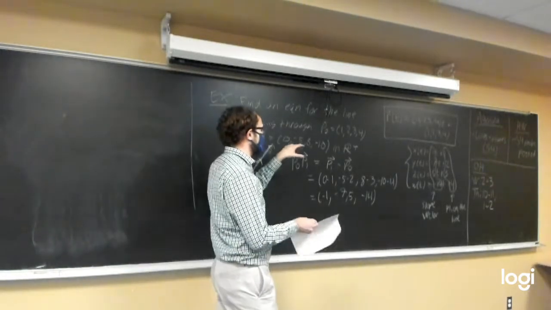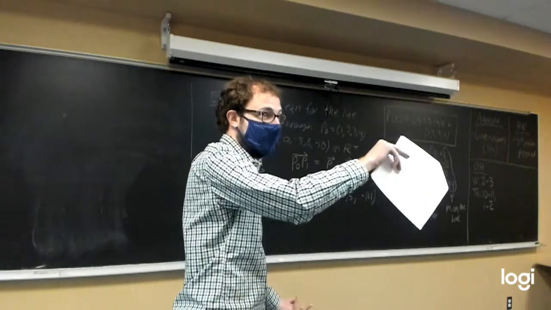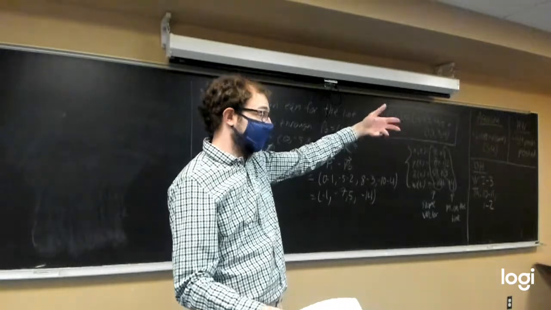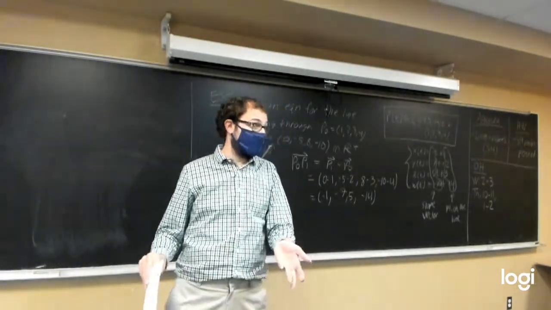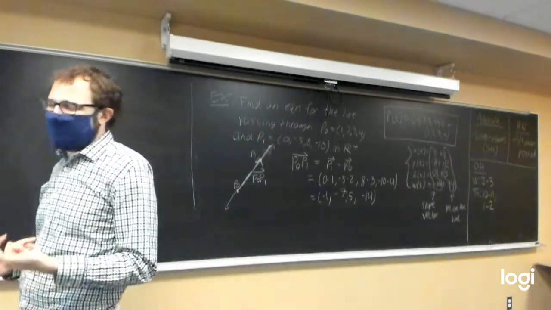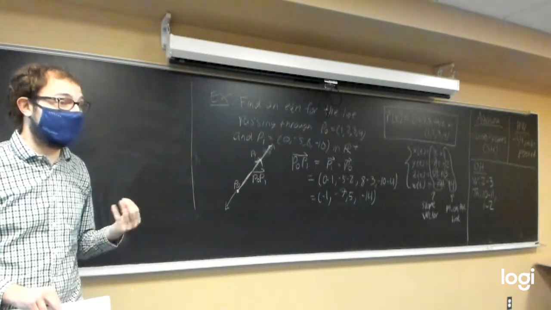Or if I were to use my Hulk strength, rip the chalkboard off of the wall, and rotate it, that would also look like a plane, assuming it extended forever in the 4 directions. A plane in general, at least intuitively, is something that looks like a copy of R2.